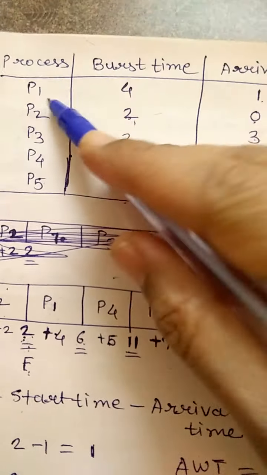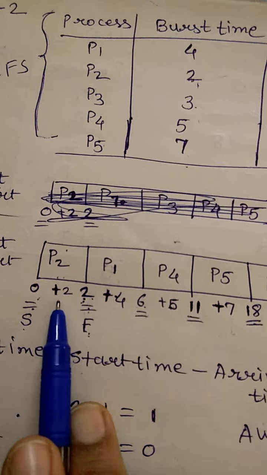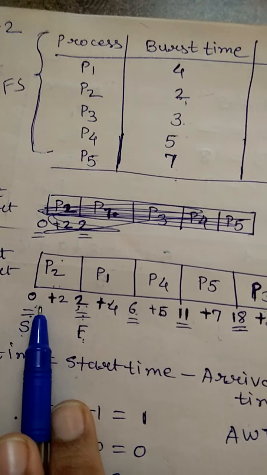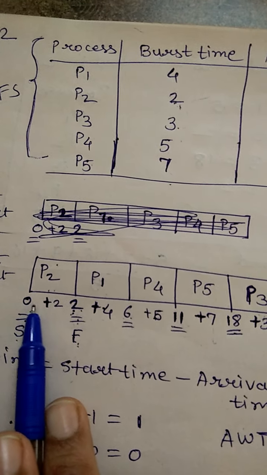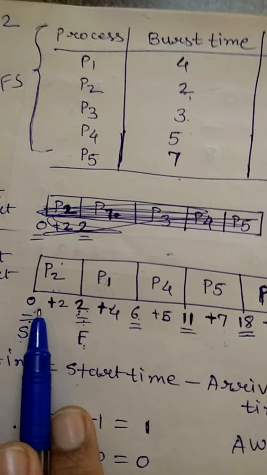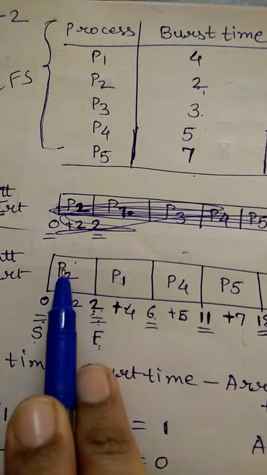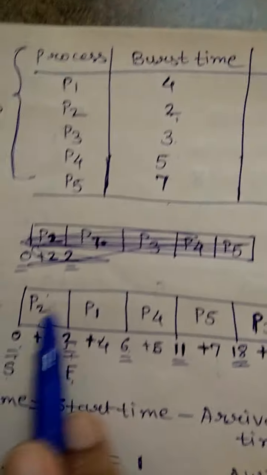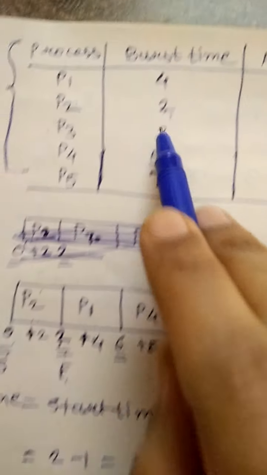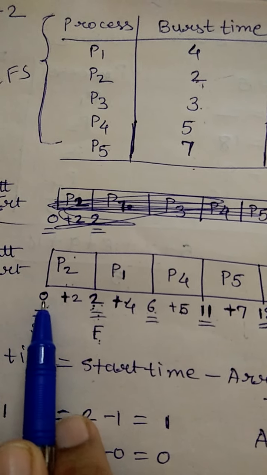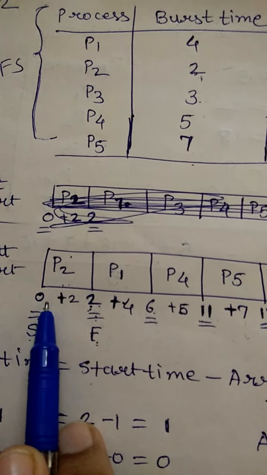Now the burst time of each process we are going to add to the start time of the process. We know that P2 has arrived first, so it starts first. The 0 second is taken by P2, and the burst time for P2 is 2. So we add the burst time to the start time: 0 plus 2, that is 2.